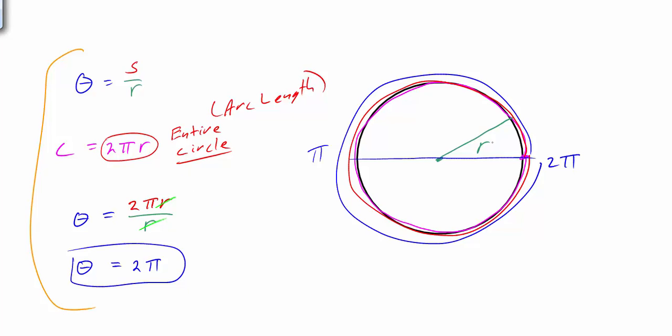Instead of saying that all the way around the circle is 2 pi, halfway around is pi, then of course, if we went up here to the top, we define this as pi over 2. It's really coming from the idea of the radian being the arc length divided by the radius, and if we take the complete circumference, the complete circle, that arc length is 2 pi r divided by r, and that's where we get the 2 pi from.